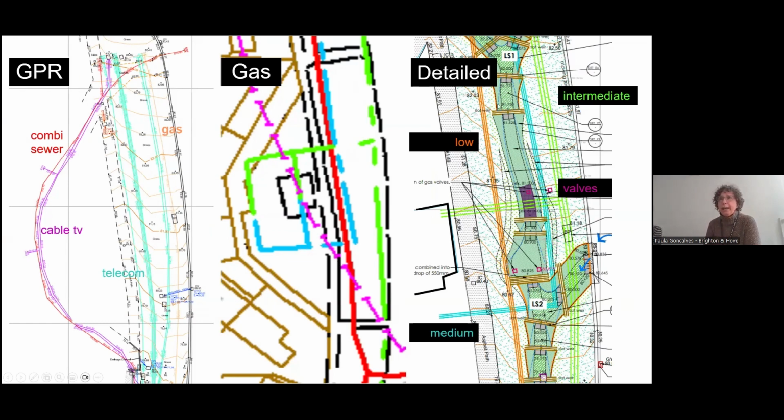And actually, when it came to the ground and we did all the inspection holes, everything was out of place. So go for inspection holes when you do this. And the gas company had a gas governor, and we found 4 valves that they were not aware of. So avoid services if you can, but if you can't, SuDS are great to design around.